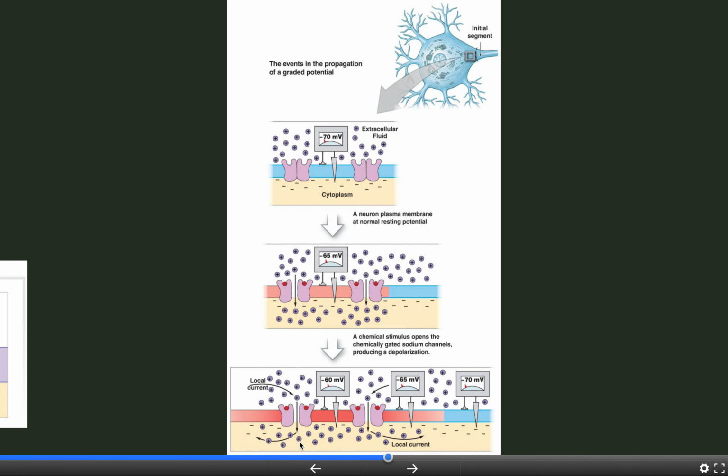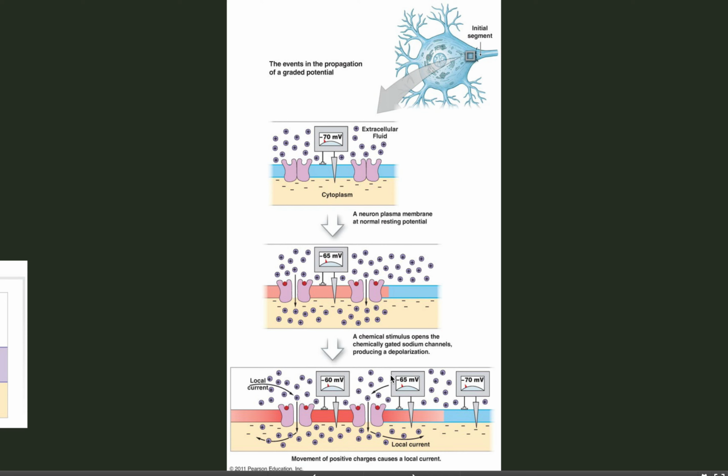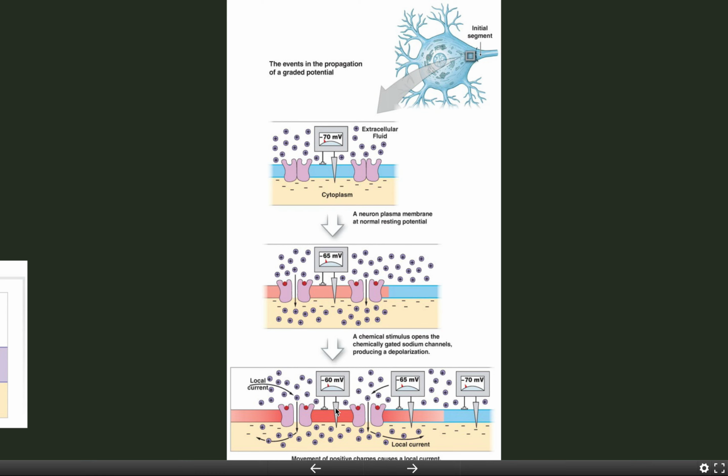And then these sodium ions would spread out and generate what's called a local current. So it's going to spread out in both directions. But as we see here, the change in charge is biggest right where the stimulation happened. It changes all the way to -60, but as it spreads out, it's only a change to -65.